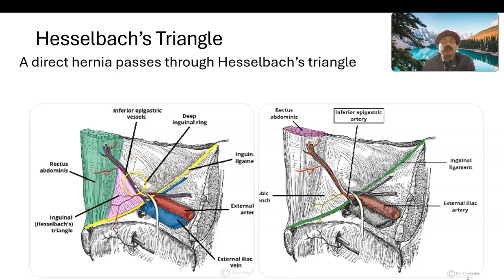Any hernia lateral to the inferior epigastric artery and outside Hesselbach's triangle is an indirect inguinal hernia. So any herniation along this is indirect, any herniation along this is direct inguinal hernia.